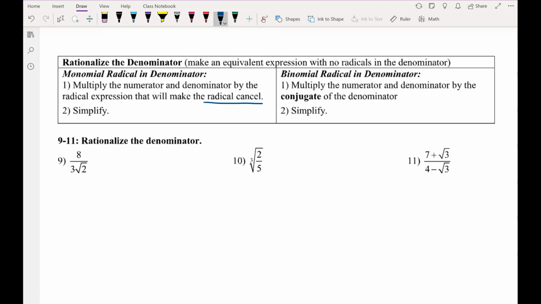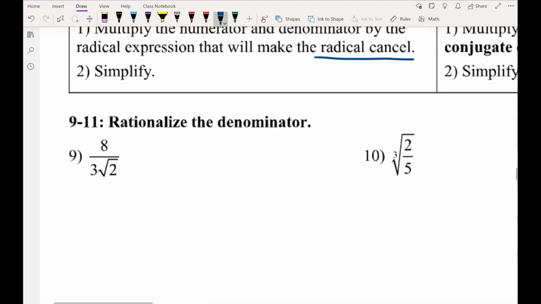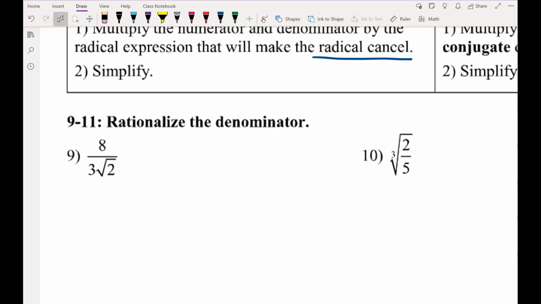So let's go straight to number 9 with that guideline. As you can see on example 9, there's only one term with a radical. Okay, so this is a monomial radical. As you can see right now, it is a square root of 2. And a square root requires 2 terms to simplify the radical.